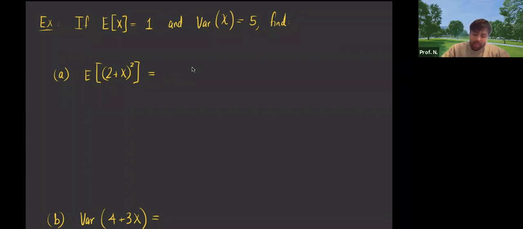We can do that, but that'll take a little bit longer. We can straight up distribute, expand. What's 2 plus x squared? Isn't this 4 plus 4x plus x squared?